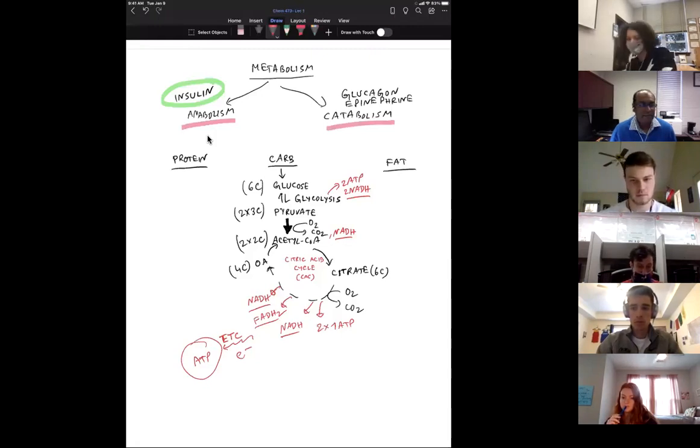This is how the body regulates which process to continue and which not. Wherever there is an irreversible step, those are generally rate limiting steps in the regulation. That's how regulation happens: irreversible steps are regulated very, very tightly.